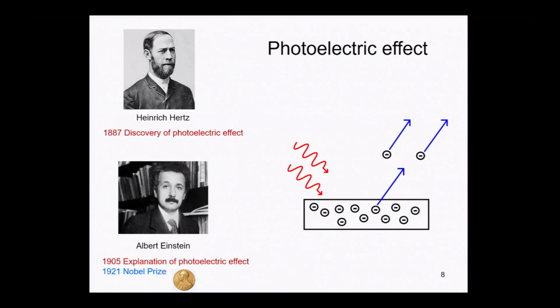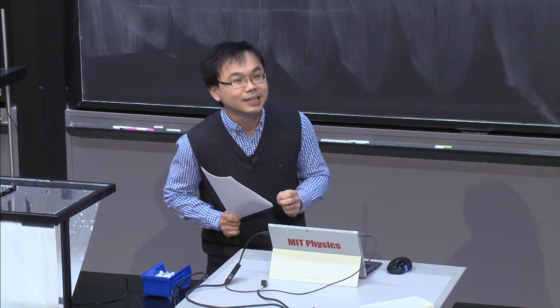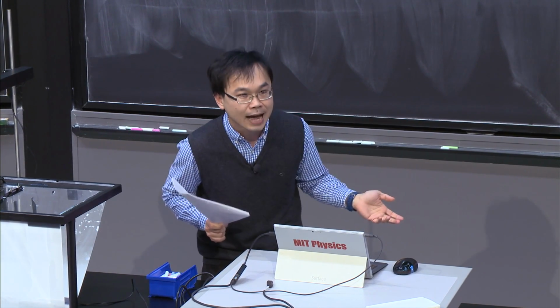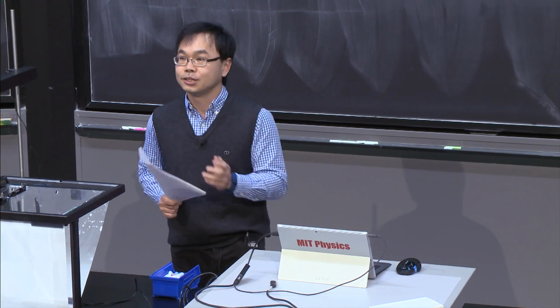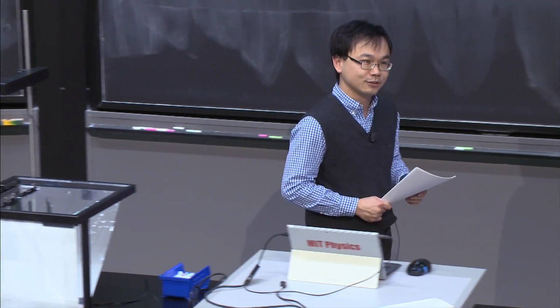So he found that if you want to kick one electron out of some material, or some charged material, it is easier if you use a high-frequency light compared to low-frequency light. Okay, so that's actually really strange, right?